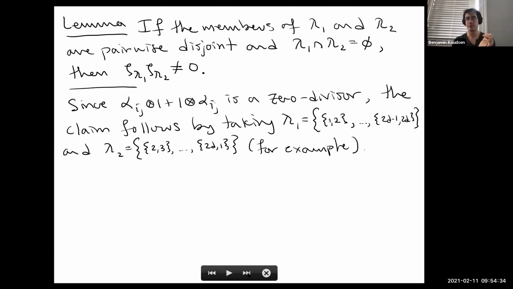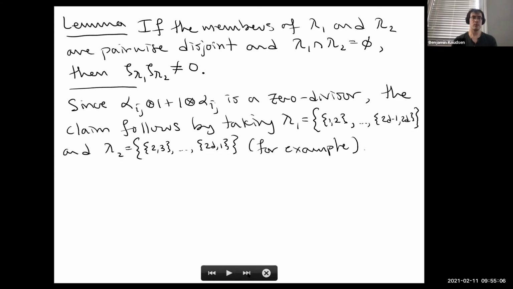I guess it's probably due to Farber, and has been used many times in various contexts, and is, I believe, the background strategy behind all of the previous partial results toward the theorem that I'm trying to tell you about. It's this strategy applied to some cohomology classes in the configuration spaces of the graph. Build zero divisors in this way and multiply them together and try to see that they're non-zero.